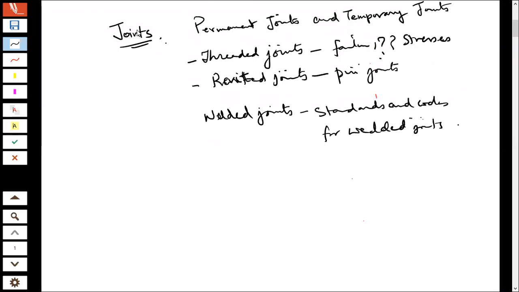So with the above, we'll be able to design temporary or permanent joints. Okay.